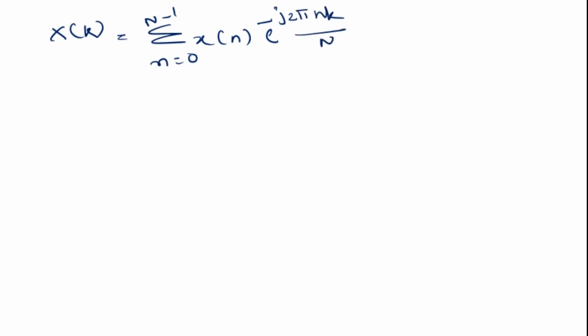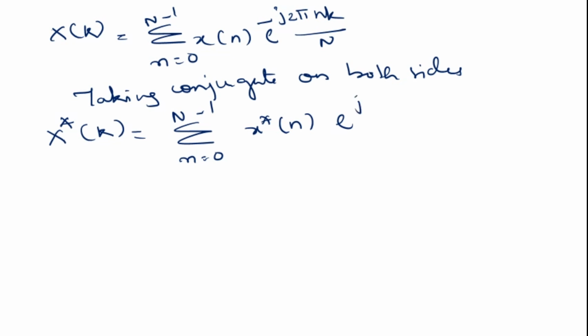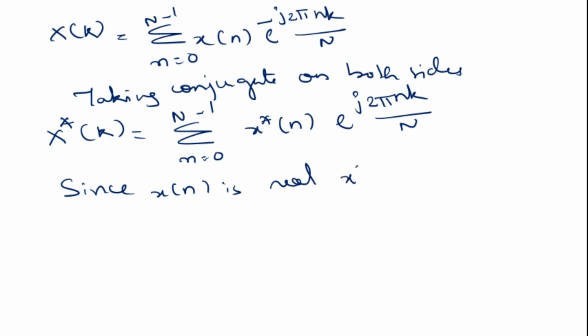We know that x of k is equal to summation n is equal to 0 to n minus 1 x of n into e power minus j 2 pi n k by N. Now, taking conjugate on both sides, we get x star of k is equal to summation n is equal to 0 to n minus 1 x star of n into e power j 2 pi n k by N. Since x of n is real, then x star of n is equal to x of n, because the conjugate of a real is real itself.